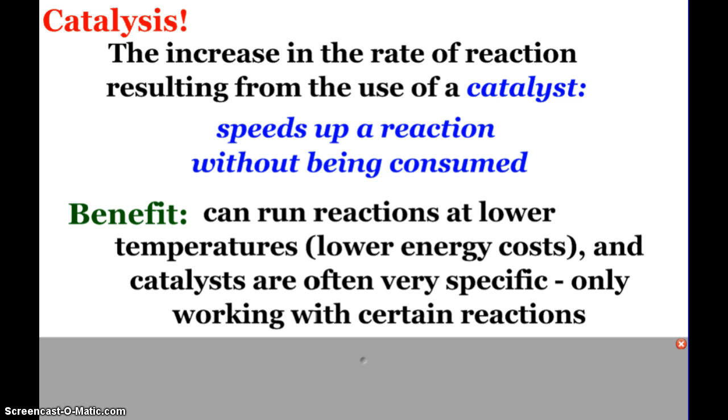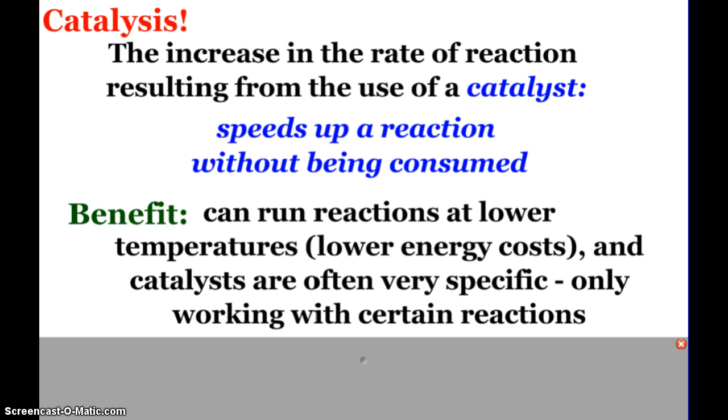So using catalysts, even though some catalysts may be expensive, we can run the reaction at more reasonable temperatures. We can use more reasonable amounts of reactants, and those catalysts can be reused. So it might cost a little to purchase the catalyst up front, but we get our money back over time because it can be reused.